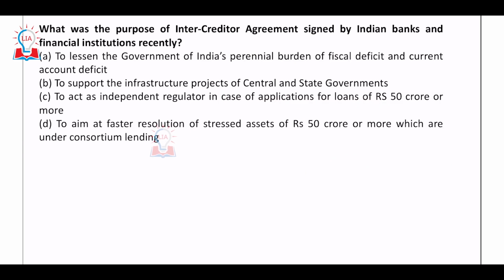Clear? Next. What is the purpose, or what was the purpose of intercreditor agreement? This was again in news. It was a very simple question. Why? Because there was something called Sashakt, which was very much in news back then.